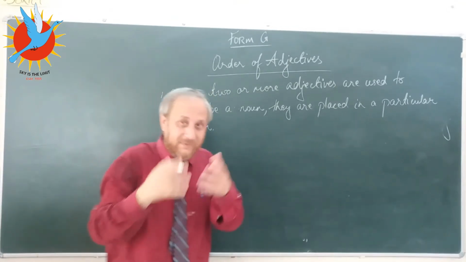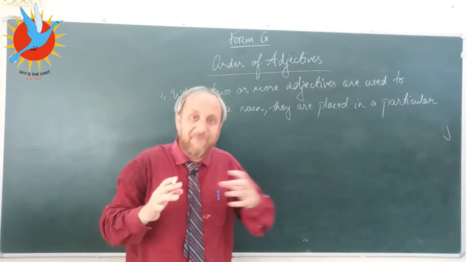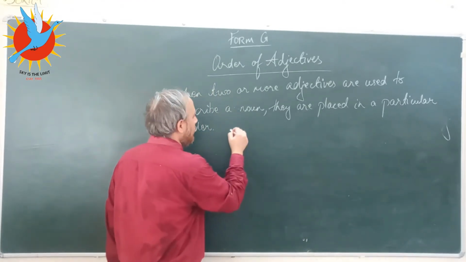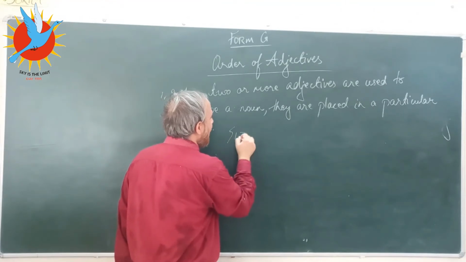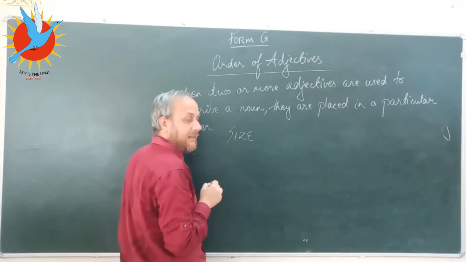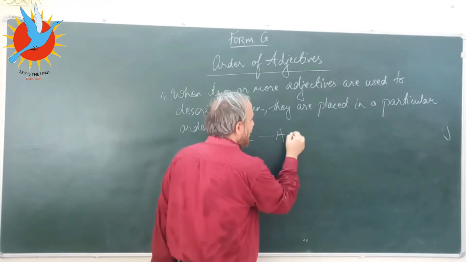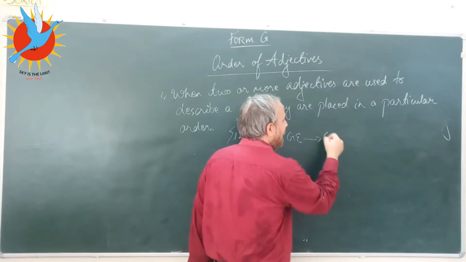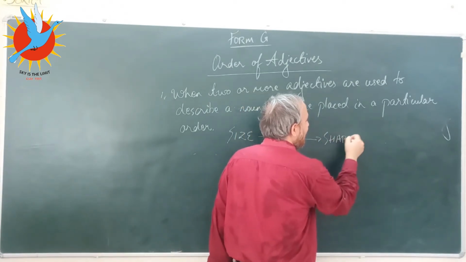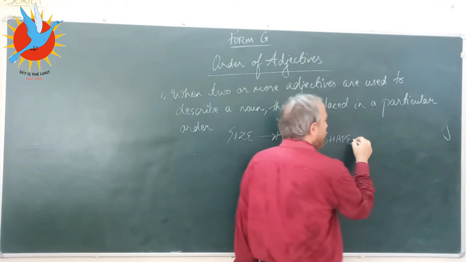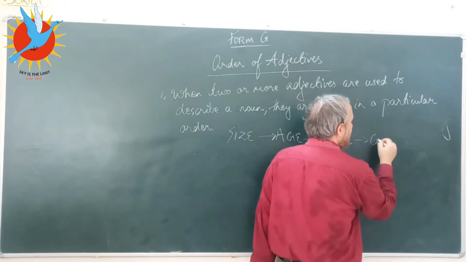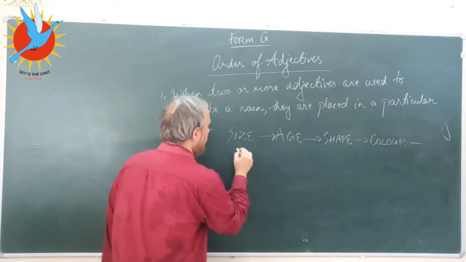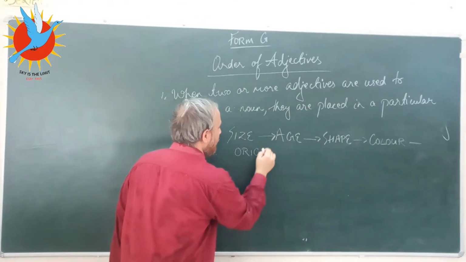So now what is the order? Well, since you are in class 4, I will not do everything with you. I'll just do a part of it. Okay, fine. So let's say the order is, first you have size, followed by age, followed by shape, followed by color, followed by origin.